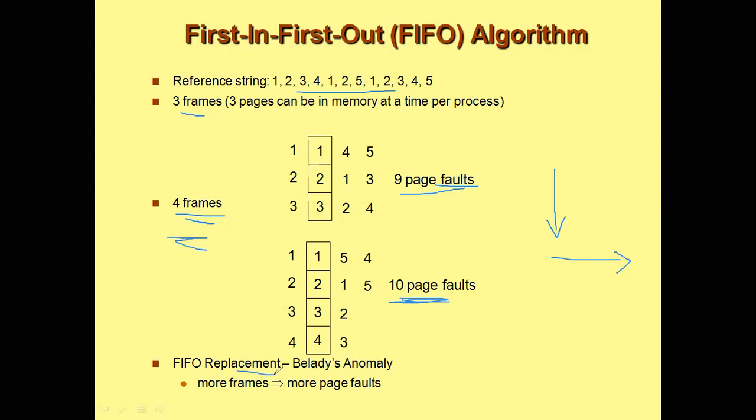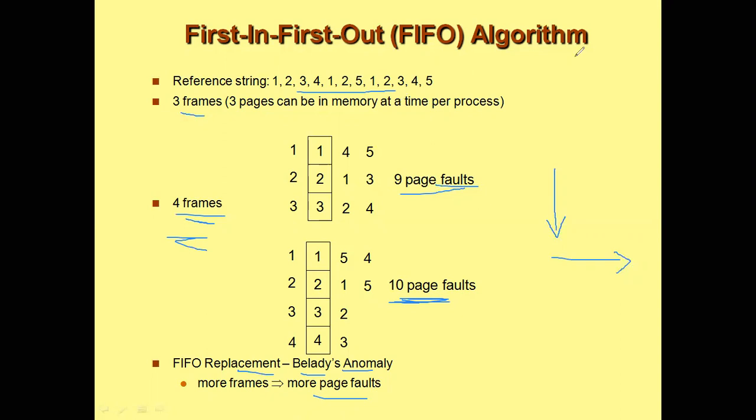FIFO replacement has one loophole which is called Belady's anomaly. That is, sometimes when you try increasing the frames, the page faults also increase. So more frames results in more page faults. That is one disadvantage in FIFO.